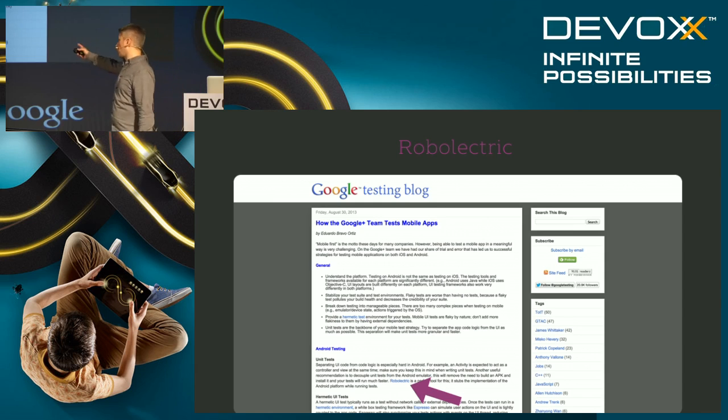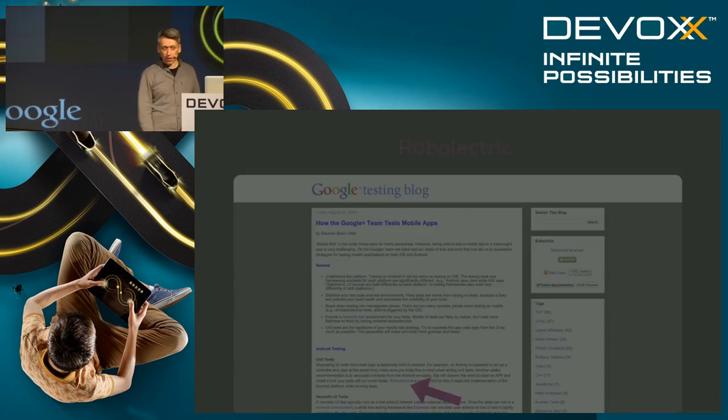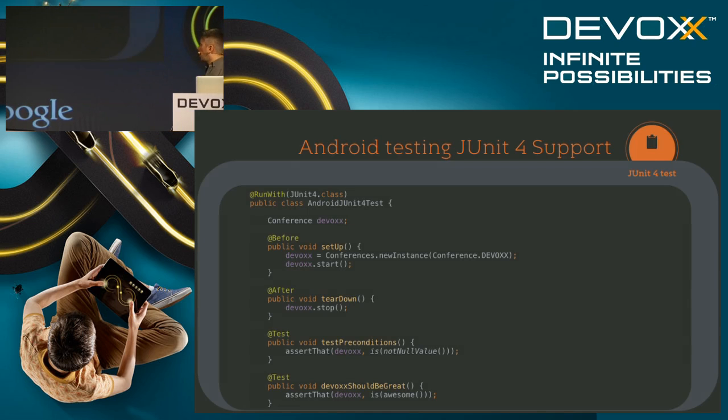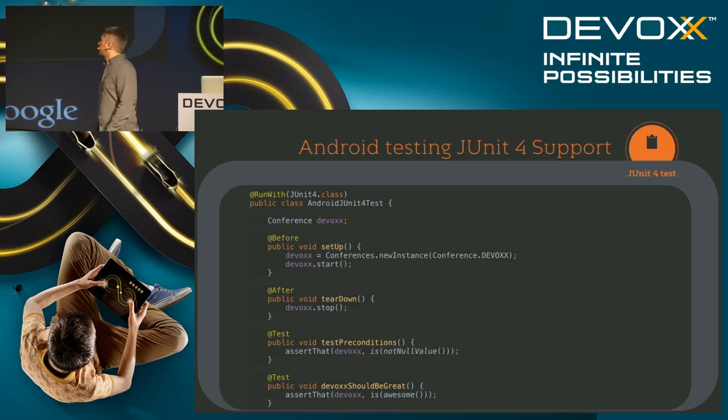And they also use a Roboelectric-based setup for part of the testing. So, as said, hopefully in a few weeks, we will get JUnit 4 support through the Android testing support library, and then we will be able to at last write something resembling this with the normal tools.